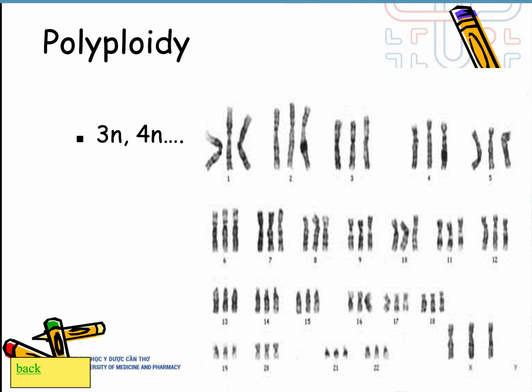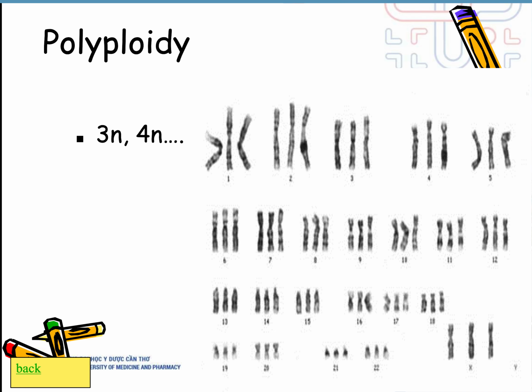For polyploidy, as you see here, normally we have cells with haploidy, the gametous cells. And for the other cells in our human body, we have diploidy. Polyploidy means they have an abnormal number of chromosomes.